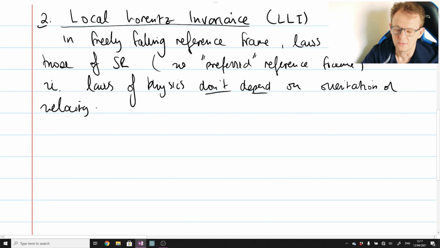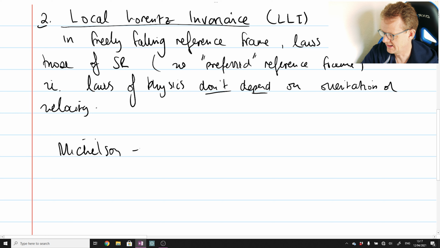Now, local Lorentz invariance is an assumption, a hypothesis, and you can reject the hypothesis. And Michelson-Morley type experiments have been unable to reject this hypothesis, the hypothesis of LLI.